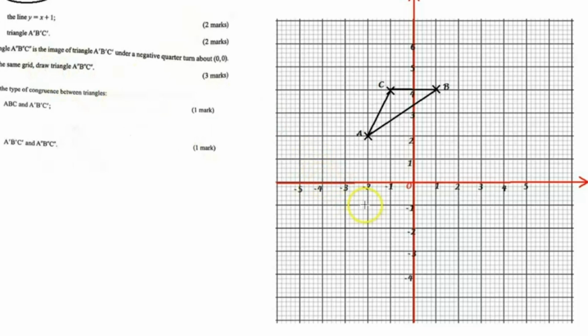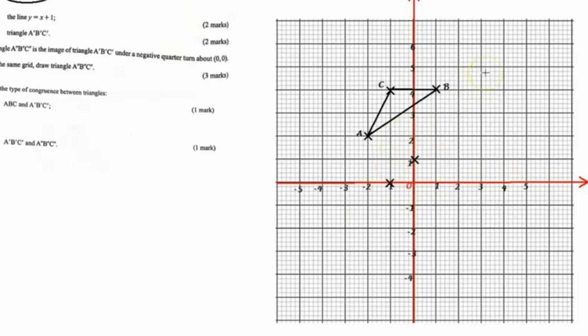At the x-axis, y is 0, and therefore if I substitute into this equation, x will be minus 1. So I require that point. Then at the y-axis x is 0, and therefore y will be 1. So that's where I need to draw that particular line passing through.